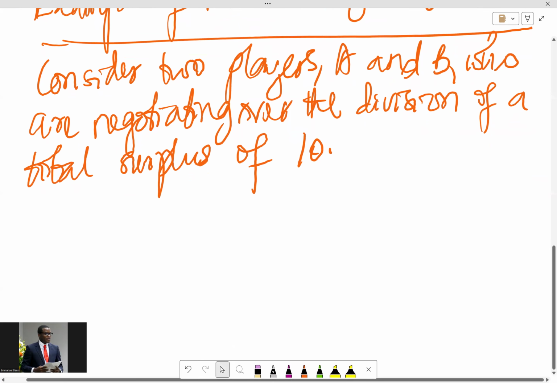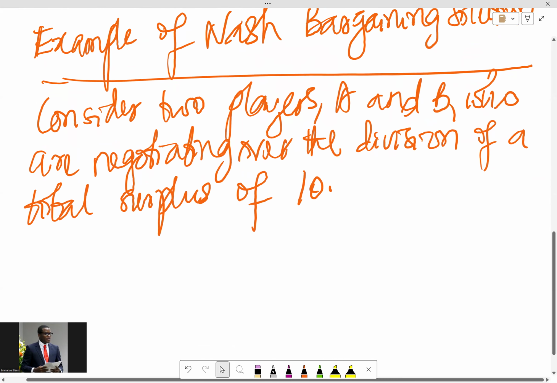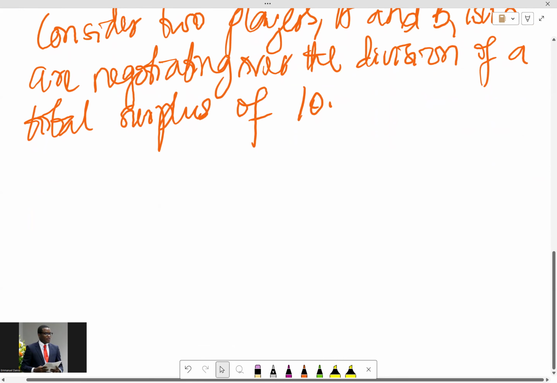Maybe after the agreement you have a surplus of, say, $10 million or $10 billion. So consider two players A and B who are negotiating over the division of a total surplus of 10.